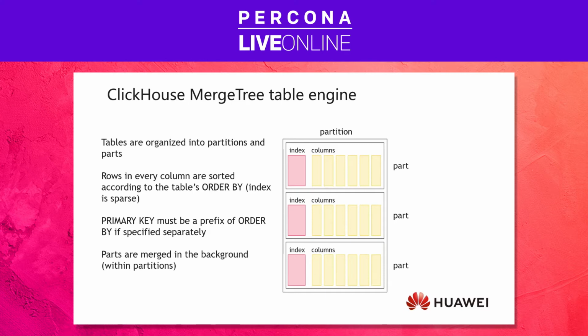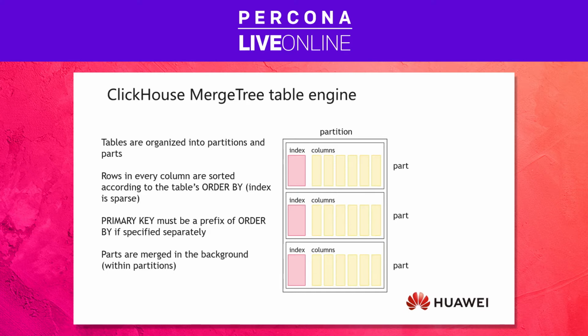So the name merge tree comes from the way parts are combined over time. If you insert 10 rows at a time, 10 times, you get 10 parts, and then 2 of those will be merged, and the next 2 will be merged, and so on, until you have 5 parts.